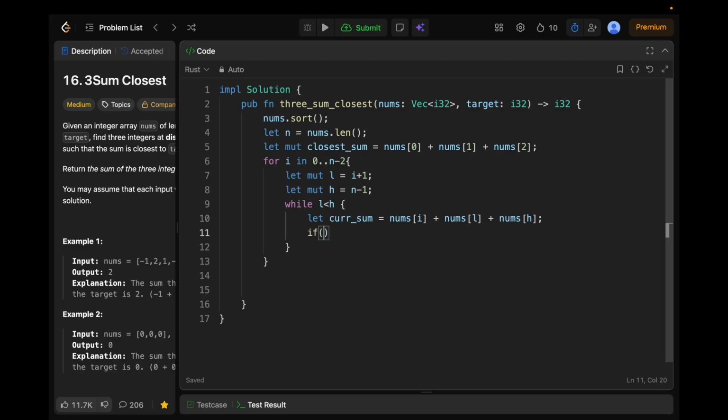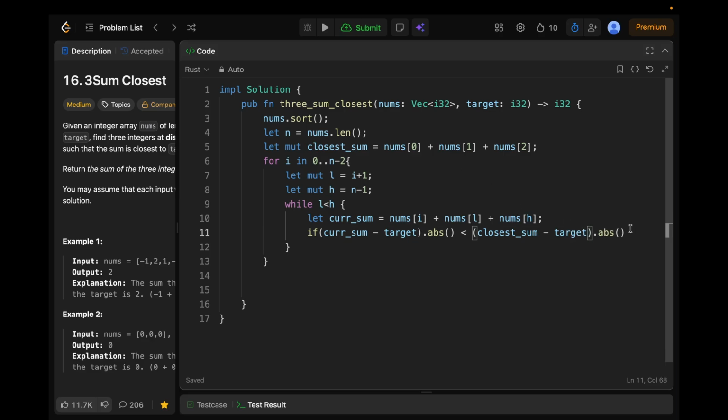So I say if the absolute value of current sum minus target is less than the distance of closest sum that we have stored already from target.